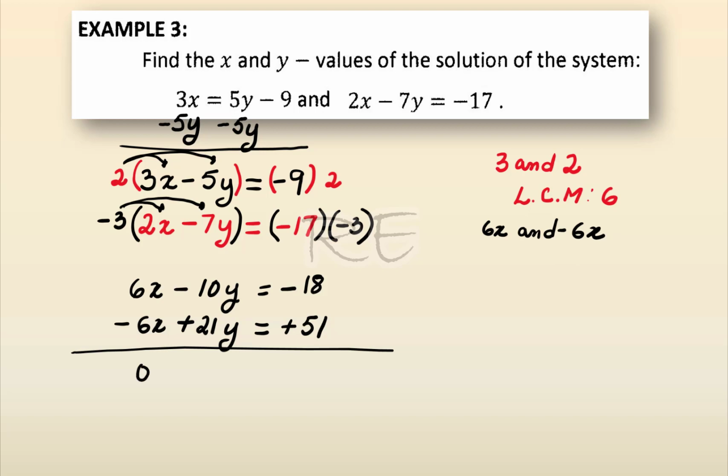When we add them, the x terms are going to cancel, 0. Negative 10 plus 21, positive 11, 11y. And 51 minus 18, 33. Divide by 11. When we divide 11y by 11 and 33 by 11, y is equal to 3.